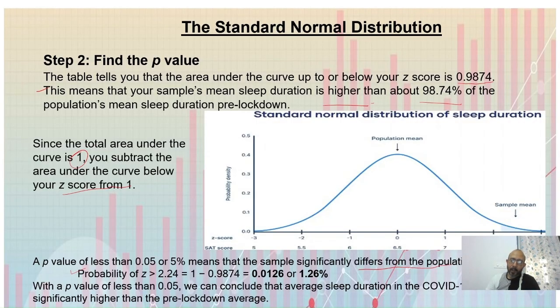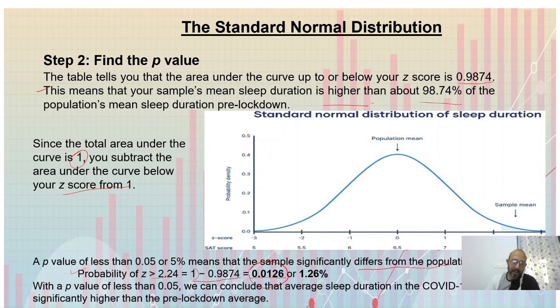Here, probability of Z greater than 2.24, 1 minus 0.9874, that is 0.0126.